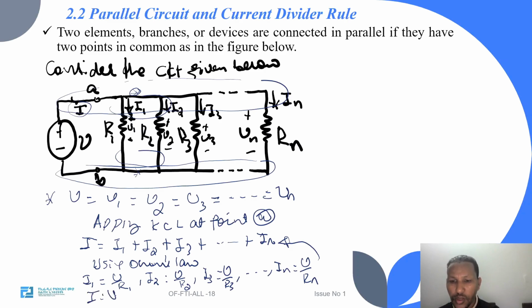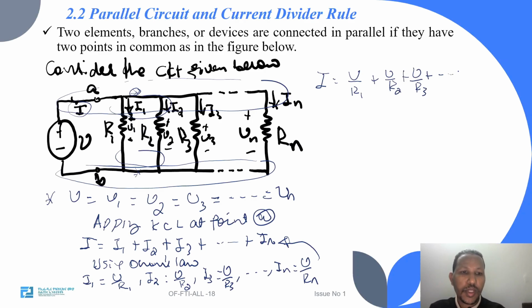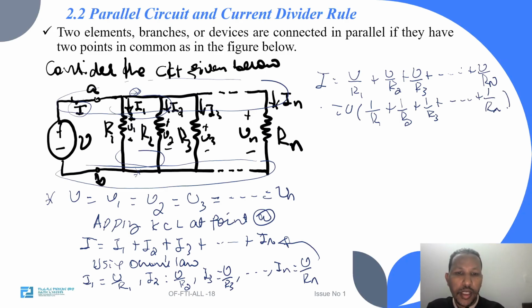So we can have I equals V over R1 plus V over R2 plus V over R3 plus V over Rn. Okay, I can write V times 1 over R1 plus 1 over R2 plus 1 over R3 plus 1 over Rn.